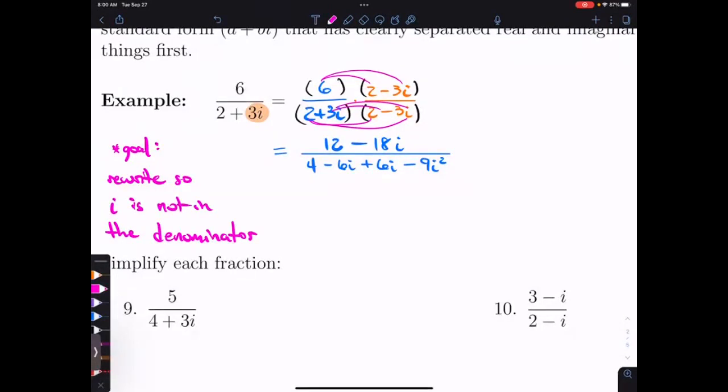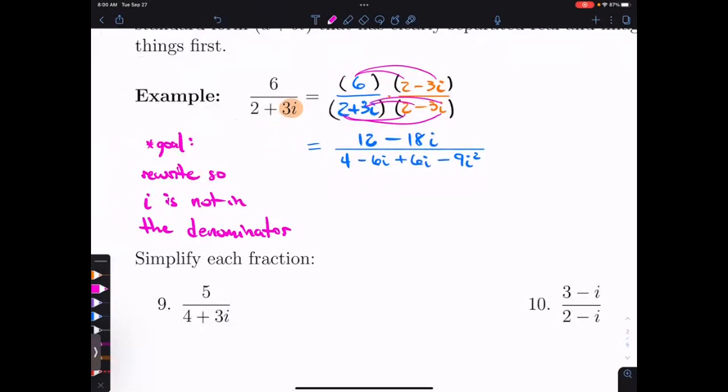We want to rewrite this so that the imaginary part only shows up in the numerator.